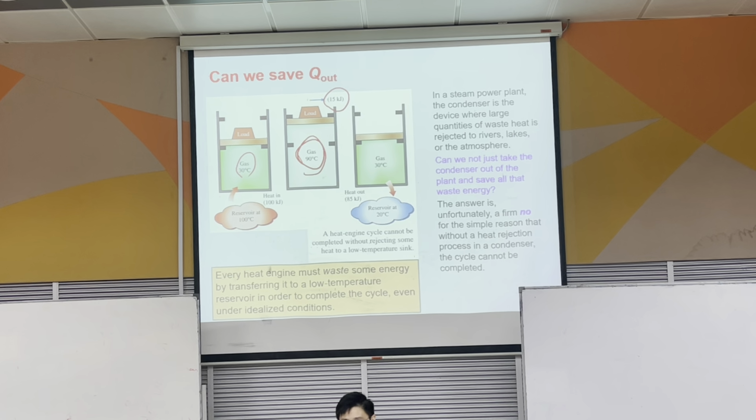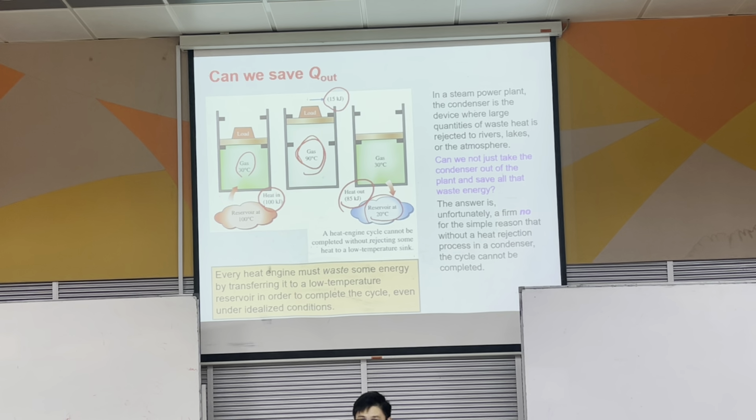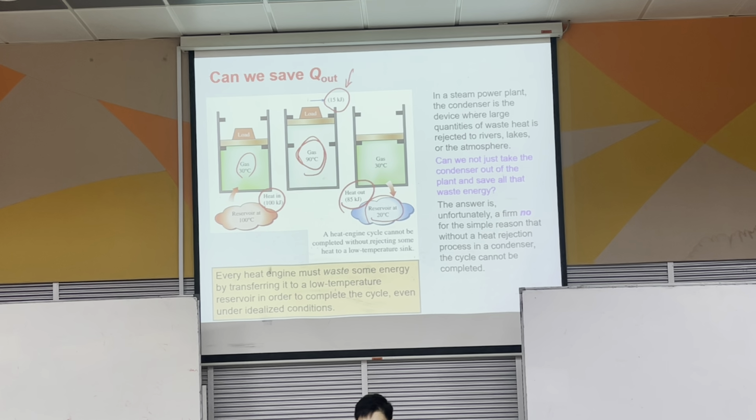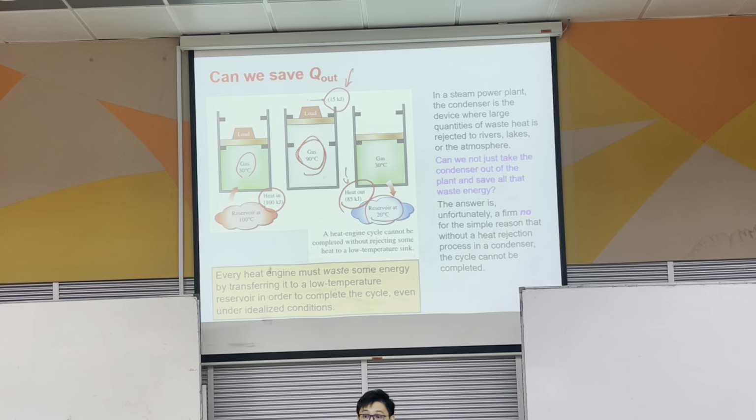So this gas will still have a very high temperature, and you cannot reuse this gas anymore. That is why we reject heat. You can see if we supply this amount, you only get this much work, and you need to reject this much for it to go back to the initial state so that it can do the same amount of work again. This is why we have a cycle for energy generation.